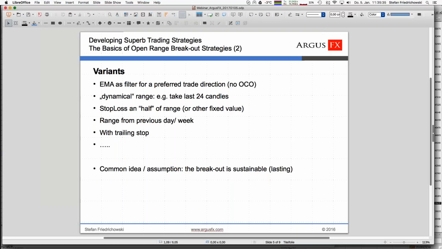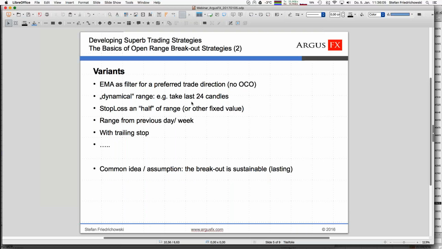Or what you might do is use a so-called dynamical range. A dynamical range would be created by a fixed number of candles, for example. So you can say, okay, I look at the last 24 candles and they create my range. And if I now leave that range, which has been created out of those 24 candles, then I open a trade.